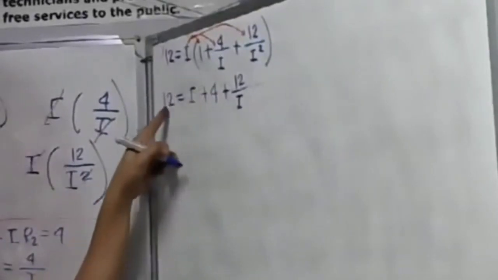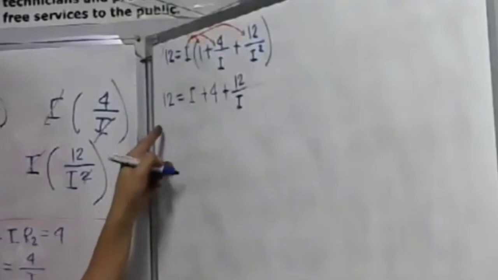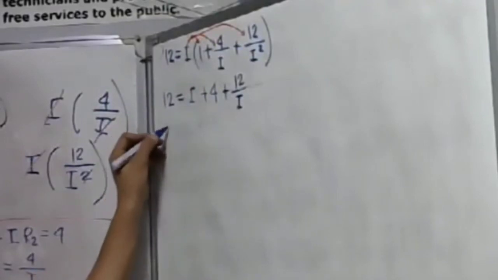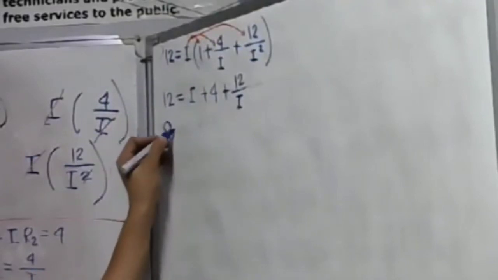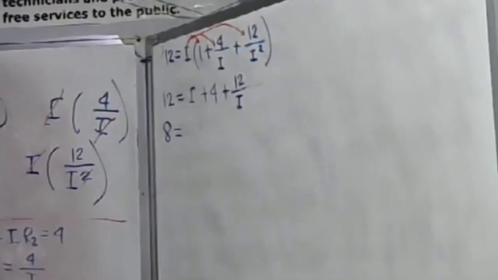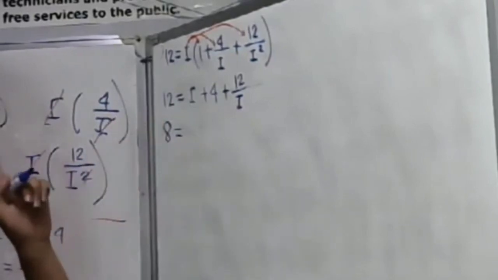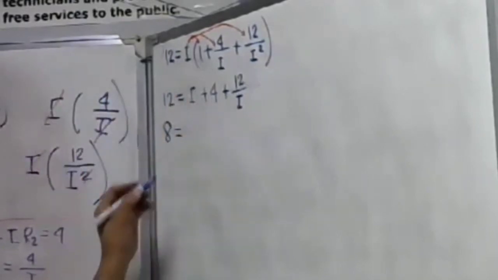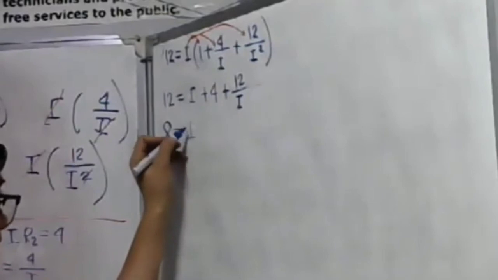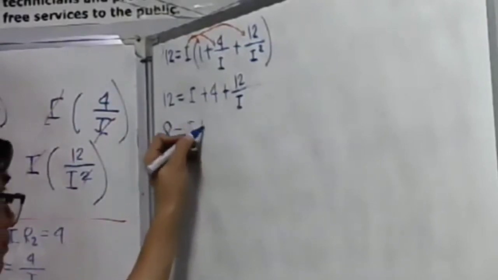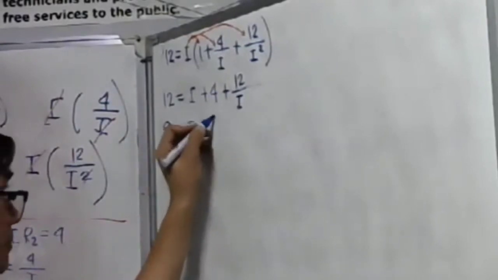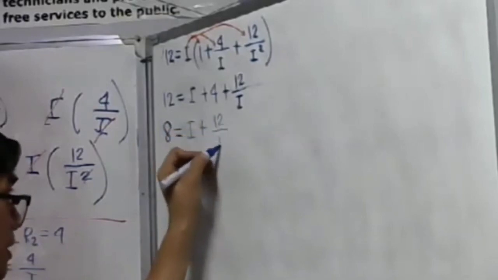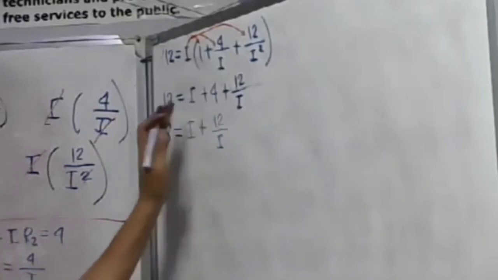So that will become 12 minus 4. What is 12 minus 4? That is 8. See? I'm not a mathematician. So that is 8 equals I plus 12 over I. So that will be our equation now.